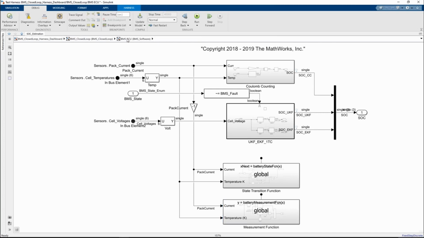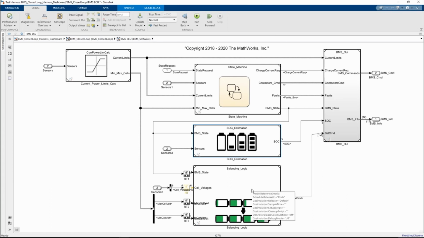The next task to consider is balancing. It is important to keep individual battery cells roughly at the same state of charge. Otherwise, the cell with the highest SOC level will limit the amount of charge that we can put into the pack, and the system becomes underutilized.